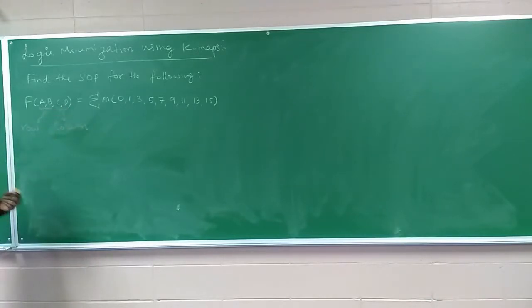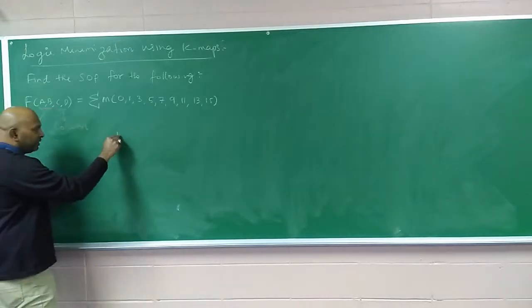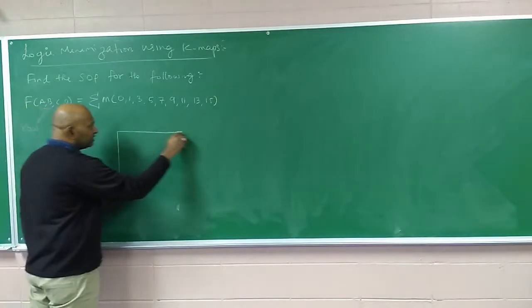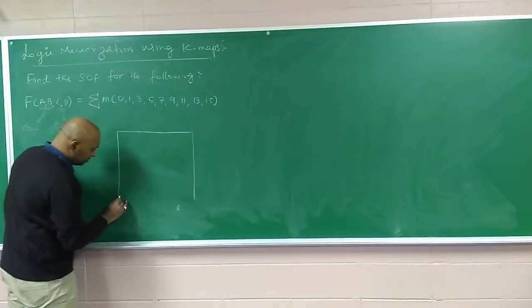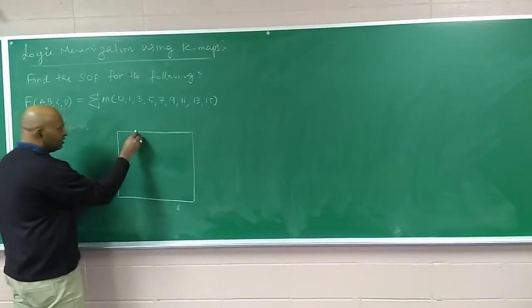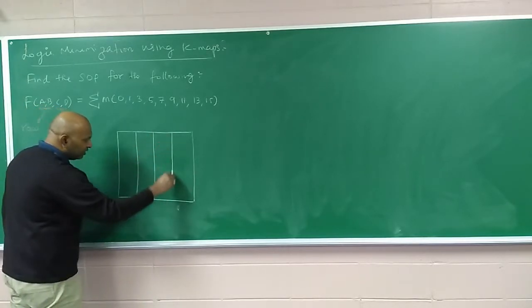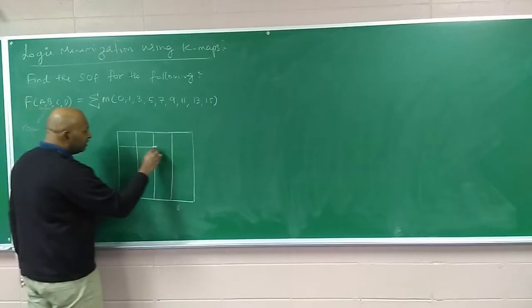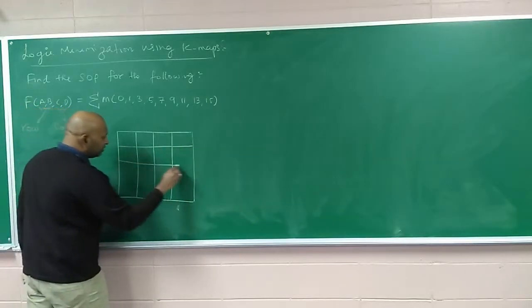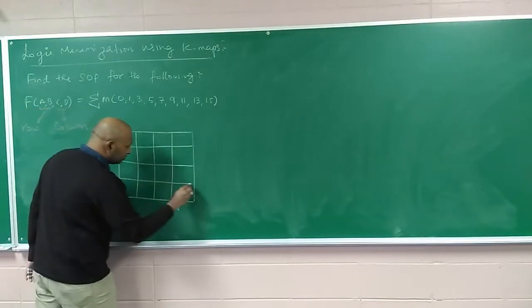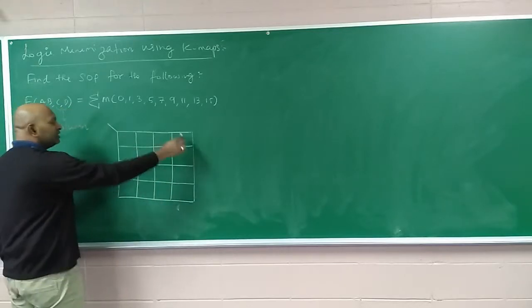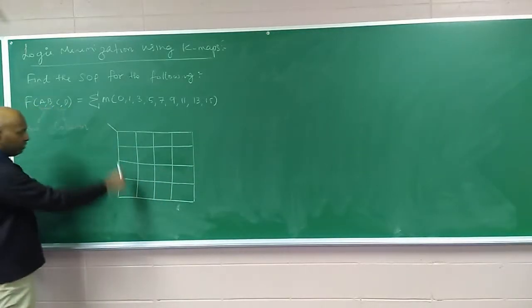So here is how you would arrange a 4-variable input like this. We have an array that looks like this. So this will be a 2D array, and we need 16 locations, 4 by 4.